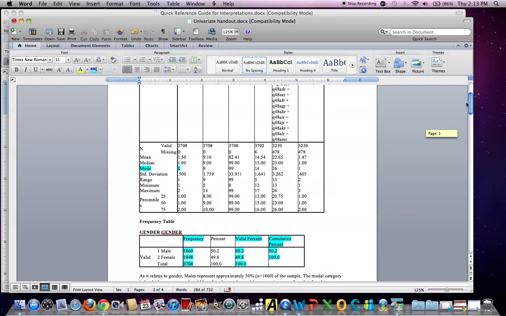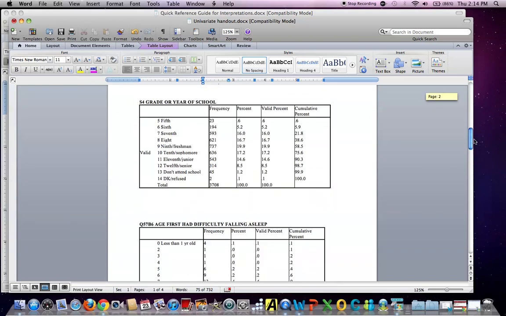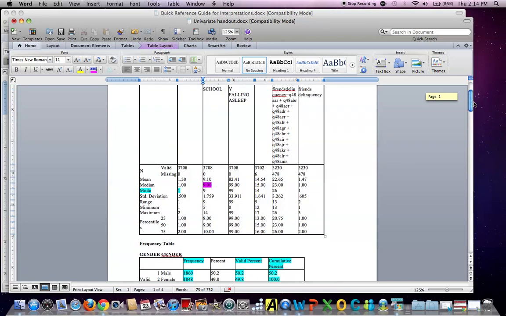In this example, let's go back up here to our statistics and see what the median category would be, and that's a 9. Okay, so that's a 9. We don't use any of the other ones because this is an ordinal level measure, and so we don't talk about measures of distribution, which the rest of this is about.